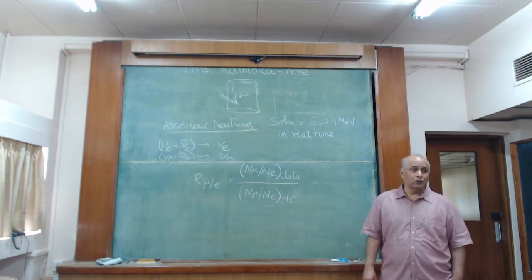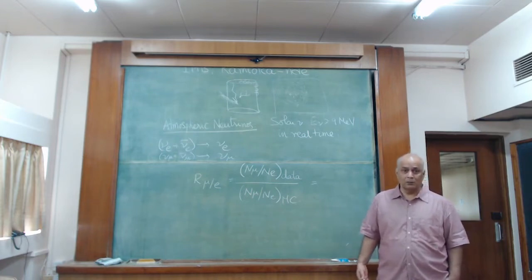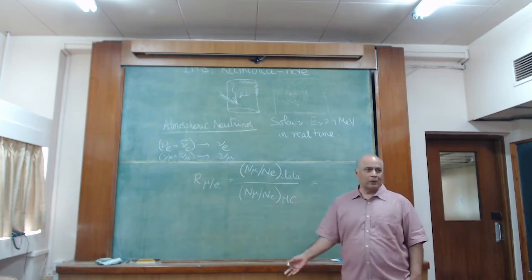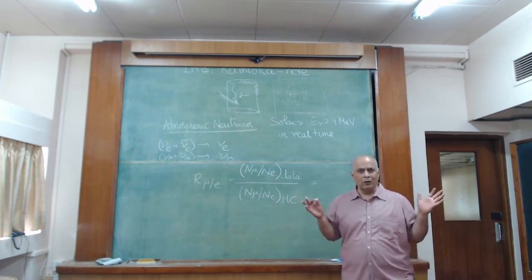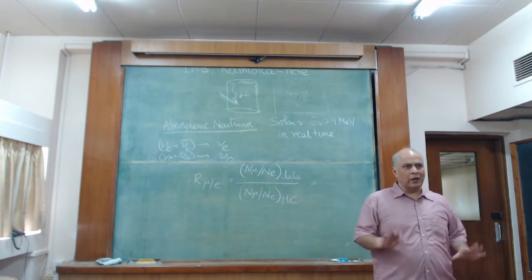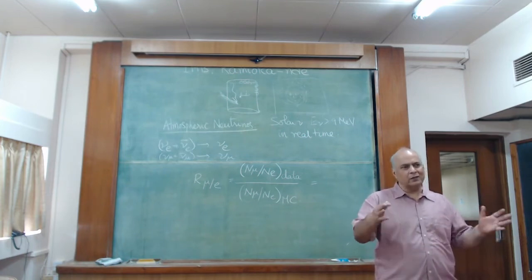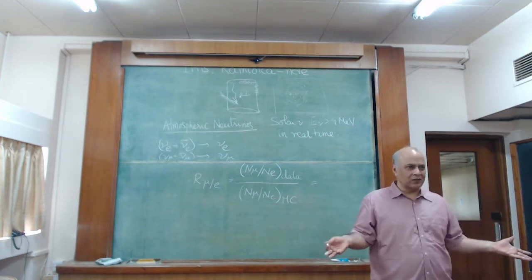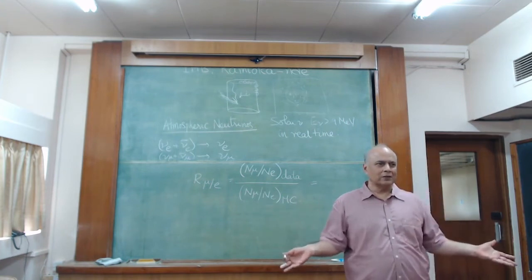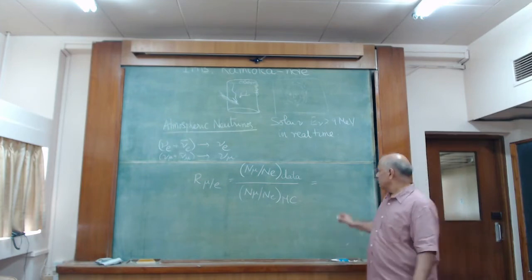No, why 2? 1. See, what is Monte Carlo? Monte Carlo consists of all the physics that you know. And if the data does not contain any new physics, then Monte Carlo and data should match. So this should be 1.